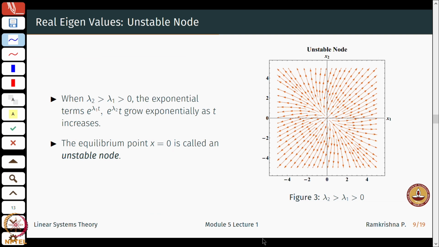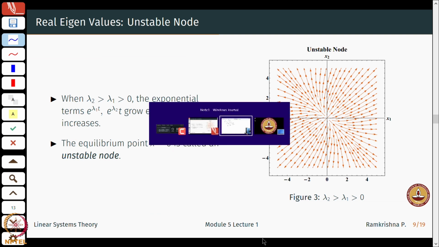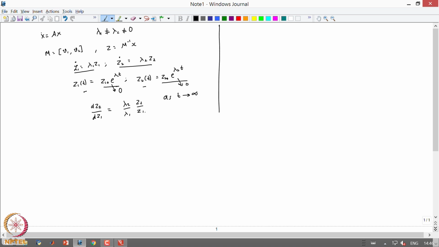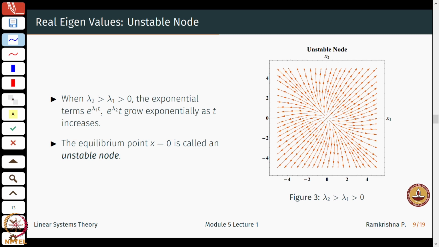Unstable node: everything is still the same, but lambda 1 and lambda 2 are both positive. So, e power lambda 1 t and e power lambda 2 t will both go to infinity as t goes to infinity. When lambda 1 and lambda 2 are greater than 0, the exponential terms grow exponentially as time increases.